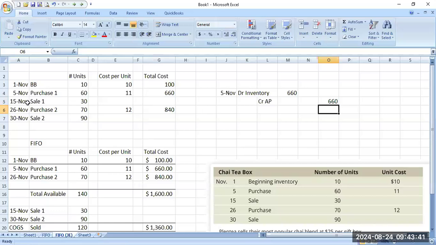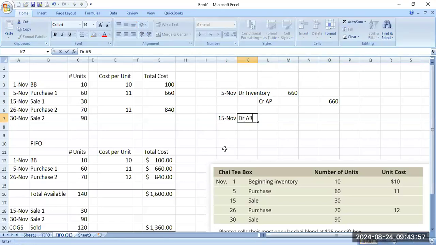Now on November 15, we have a sale. Let's pretend we're not getting cash. Everything goes to accounts receivable, so debit accounts receivable. Now we have to calculate how much that will be.